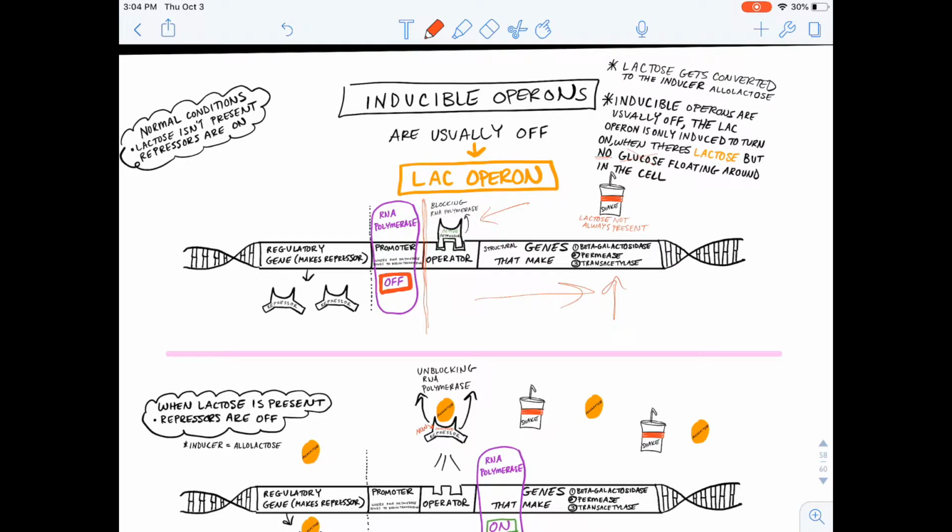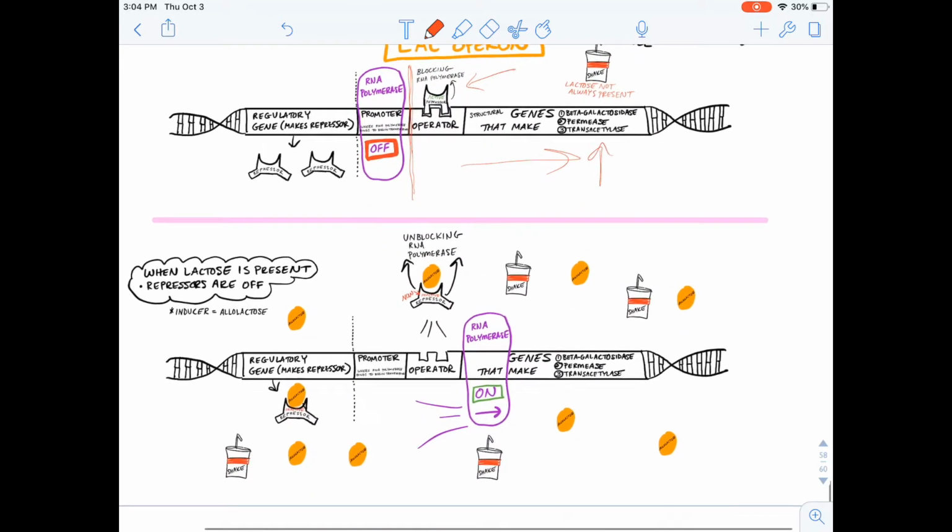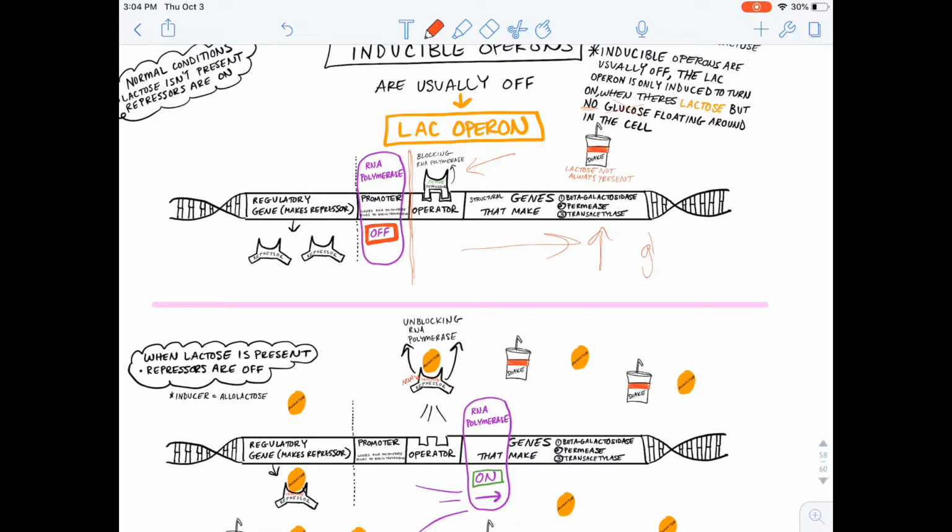But if glucose and lactose are both present, because the cell always has enzymes to break down glucose, which is a monosaccharide, so it's much easier to deal with, it still will not make these enzymes here. This active repressor will still stay in the operator, and you still will not have any enzymes to break down that lactose.